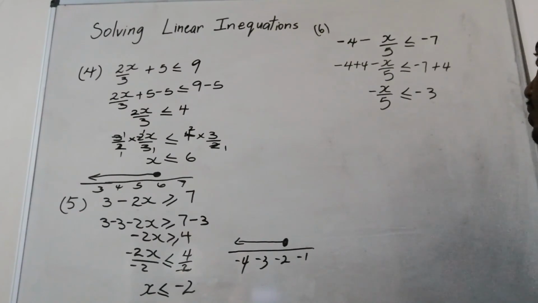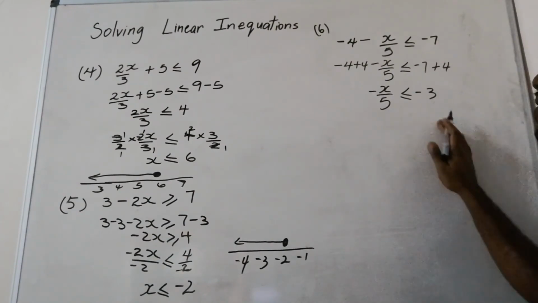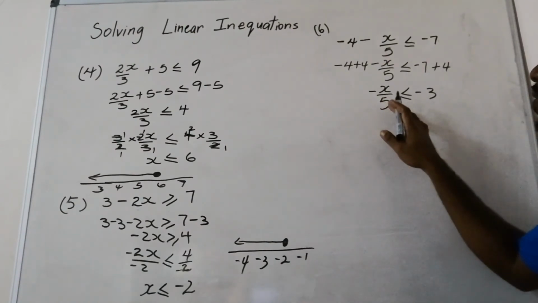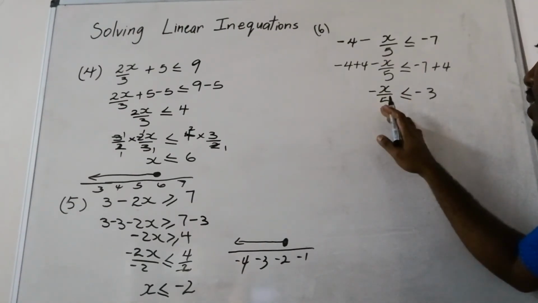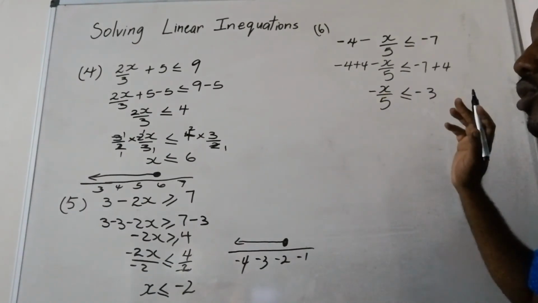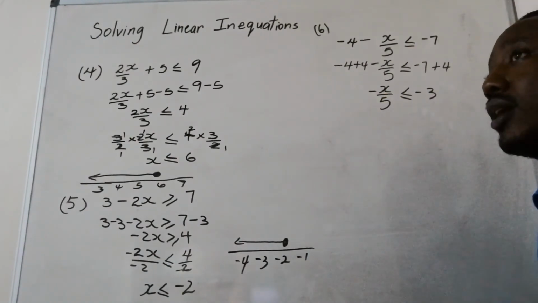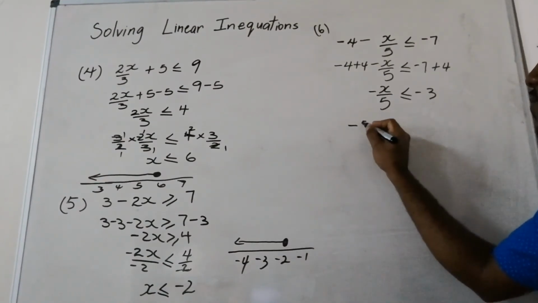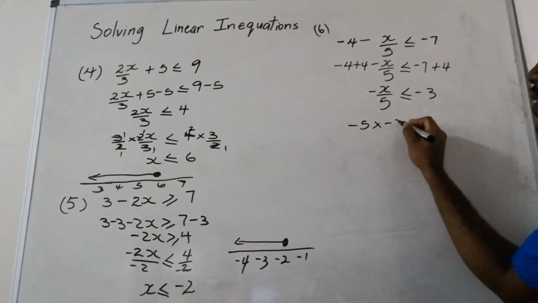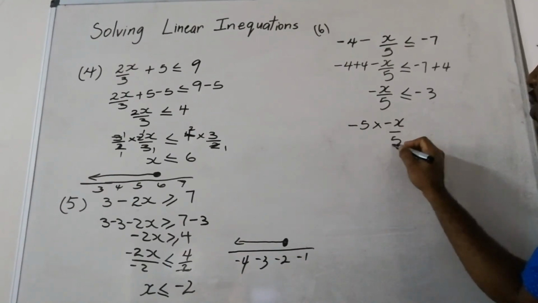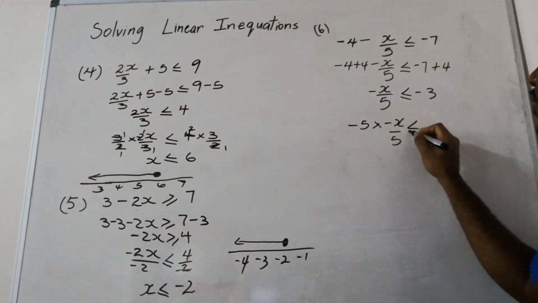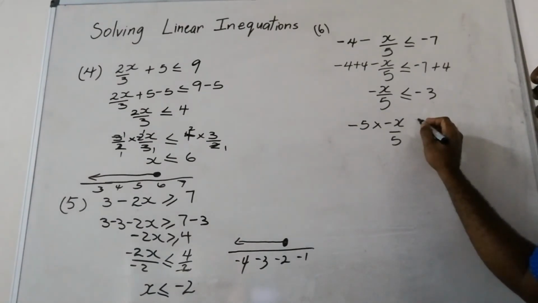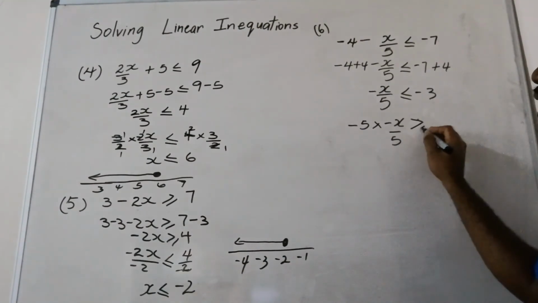Remembering that since our coefficient is negative, we will have to multiply to get rid of the 5, and we have to multiply by minus 5. Now since we're multiplying by a negative, the sign will change direction.